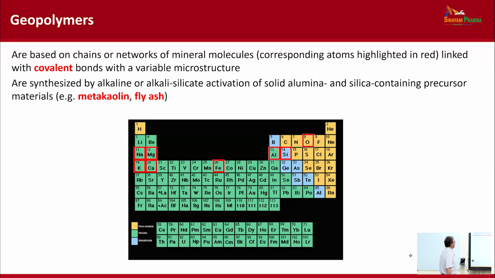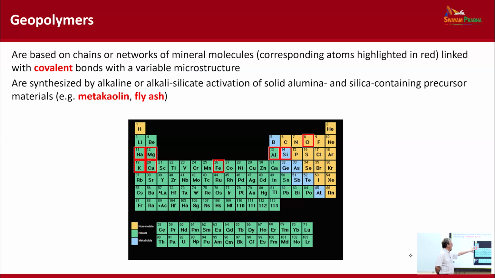In any case, they are based on a chain or network of mineral molecules. So everything is inorganic. And these mineral molecules contain as network forming agents silicon and aluminum. And in some cases, these networks can be based also on iron oxide species.